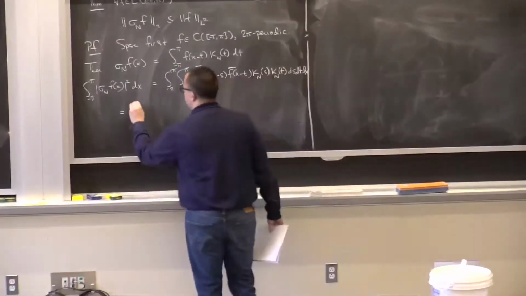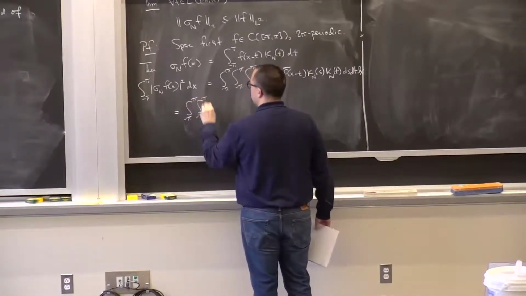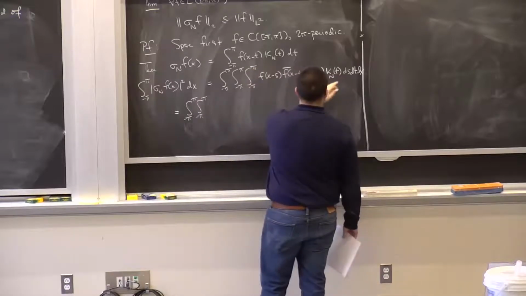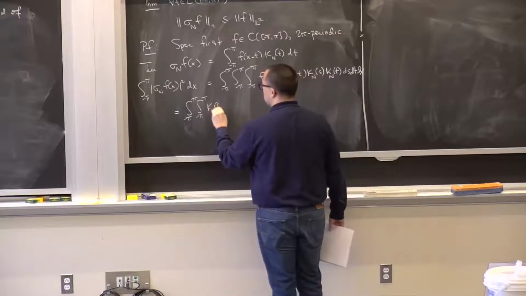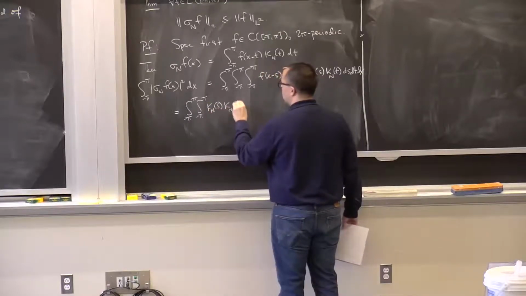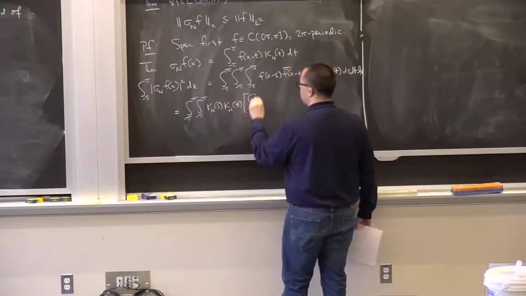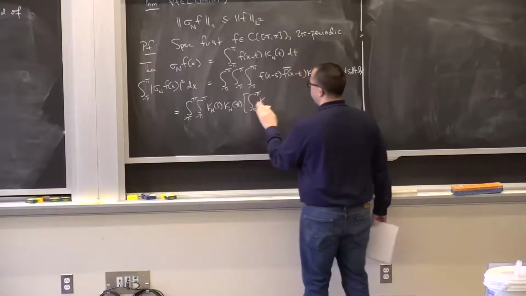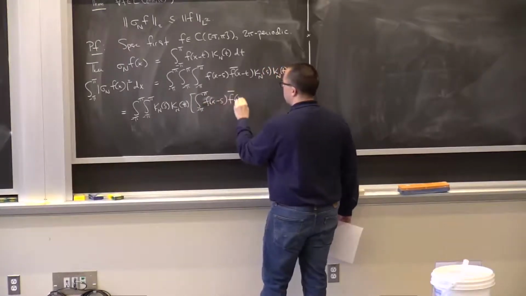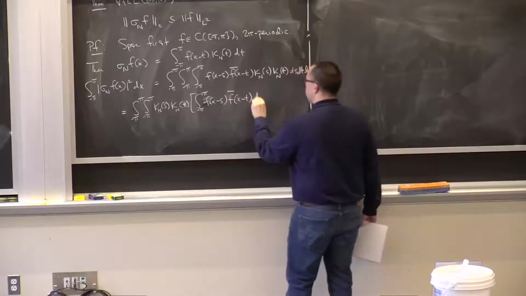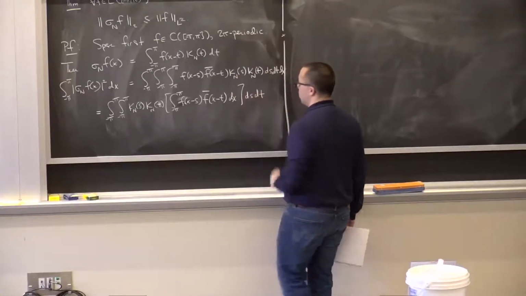So I can write this as the integral from minus pi to pi of, now integrating first with respect to x, kn of s, kn of t, and now integrating first with respect to x, dx, let's say ds dt. Okay?